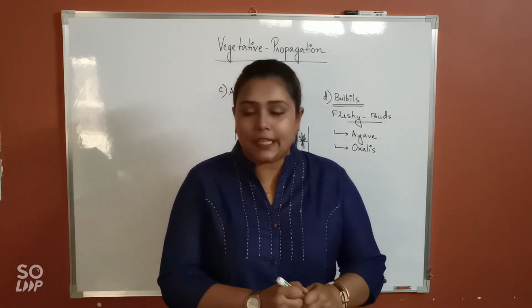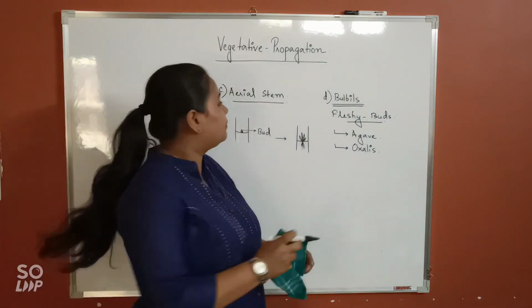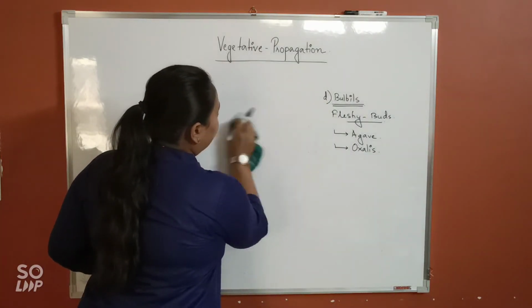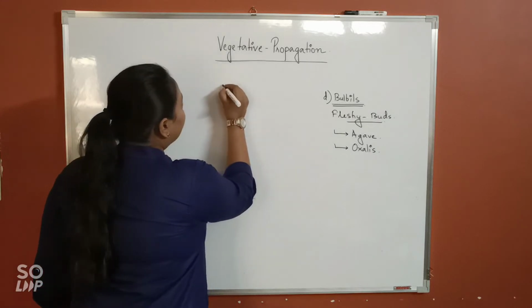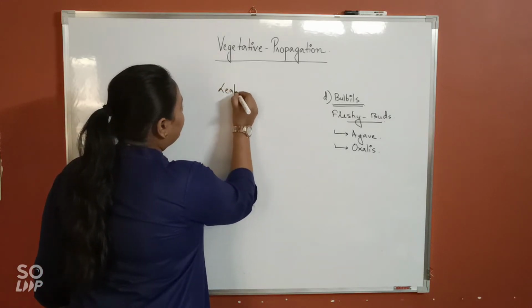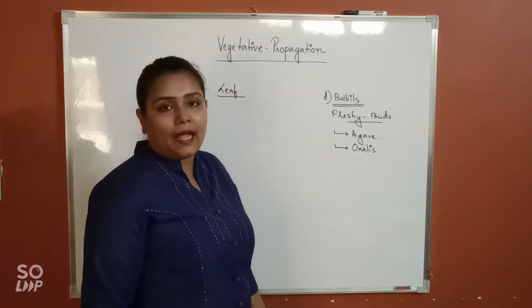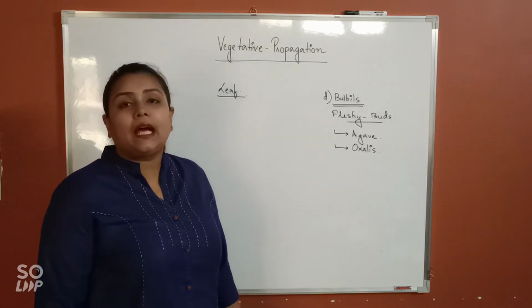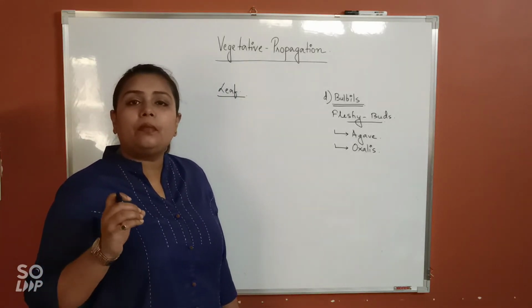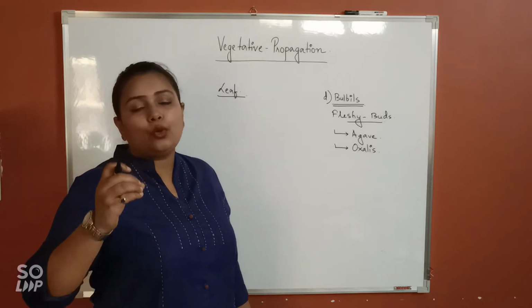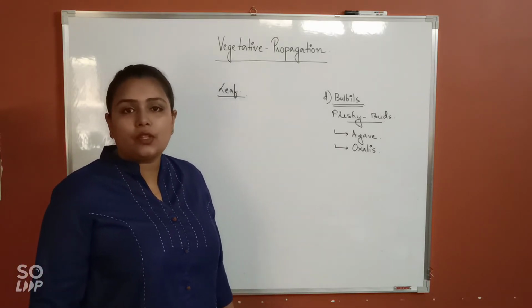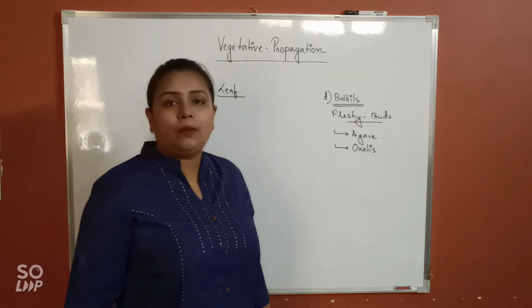Starting with the leaf, certain plants like Bryophyllum, Kalanchoe, bear buds in their leaves. So when those buds come in contact with moist soil, they will give rise to new plants.